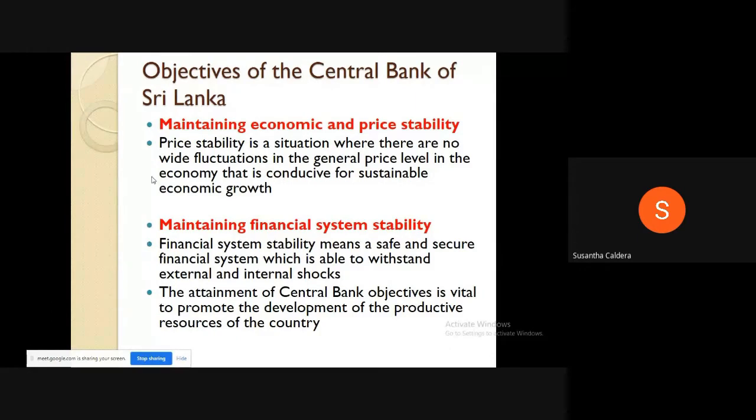Then on the other hand, the Paddy Marketing Board has to purchase paddy from the farmers. Now the farmers are saying, no, 50 rupees or 55 rupees is not enough.